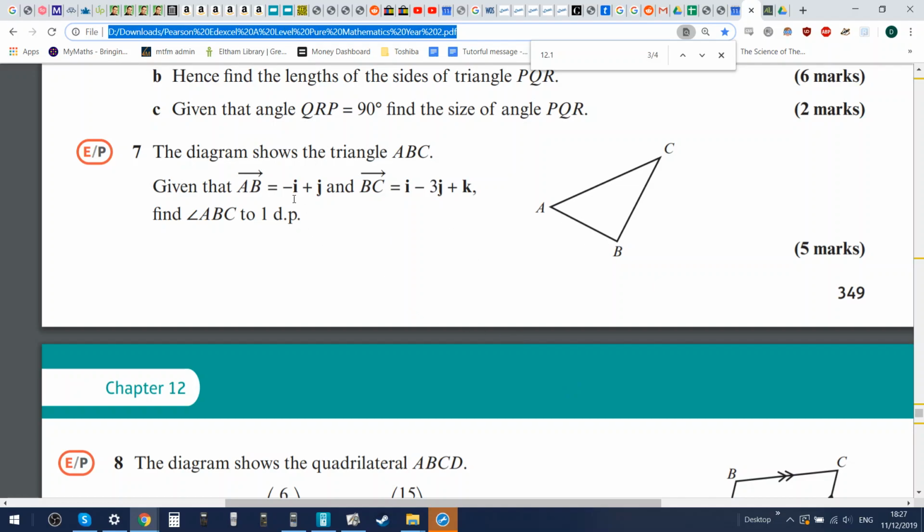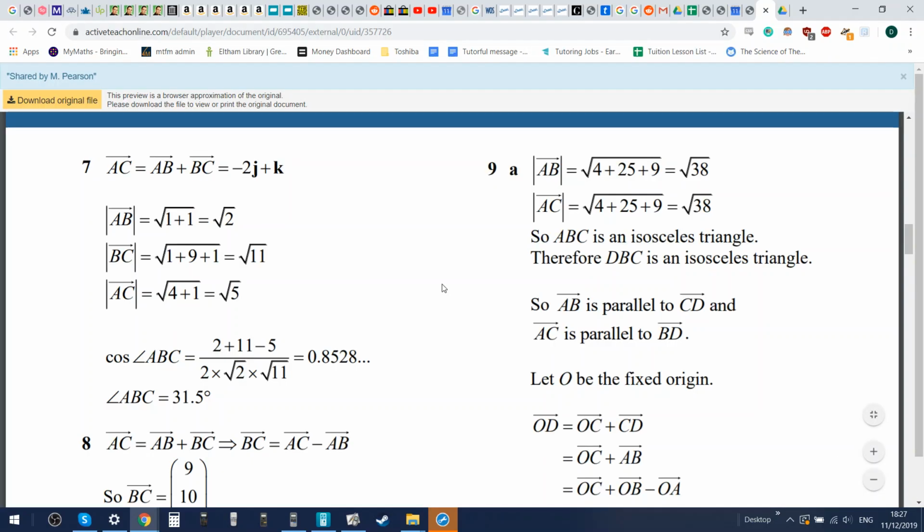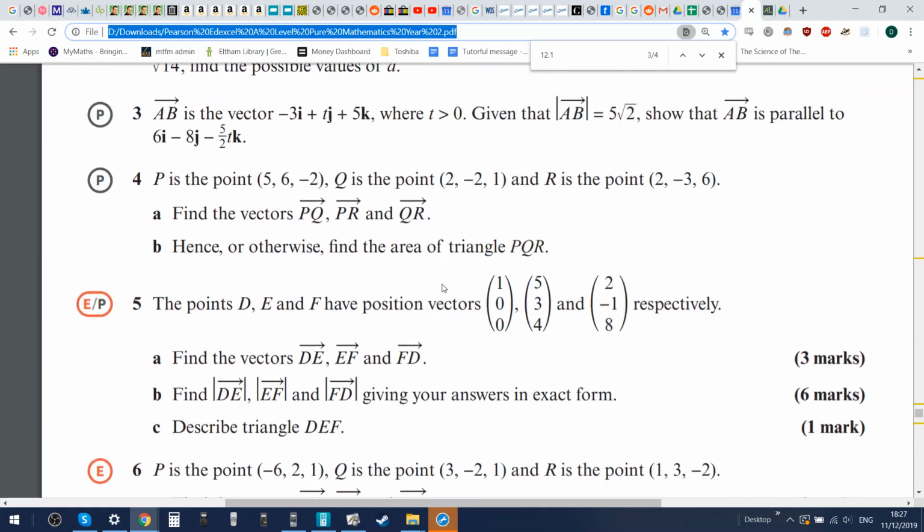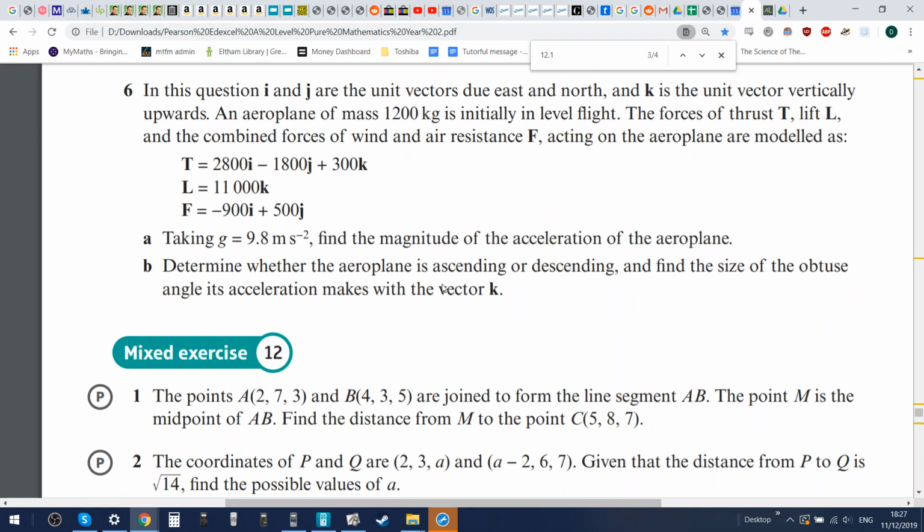So A to B, that's minus 1i. That's plus 1i, but in the other direction it'd be minus 1i. So would that be 1? That's not it at all.